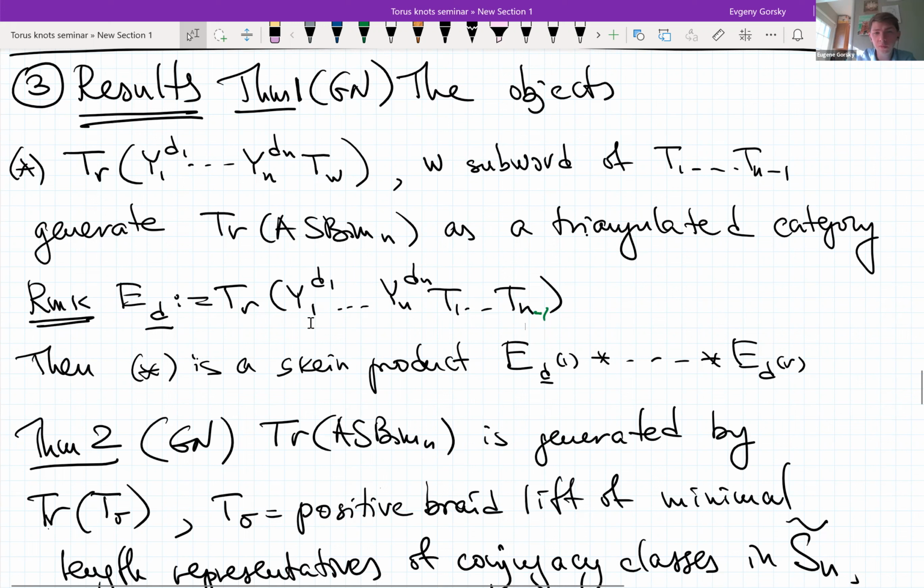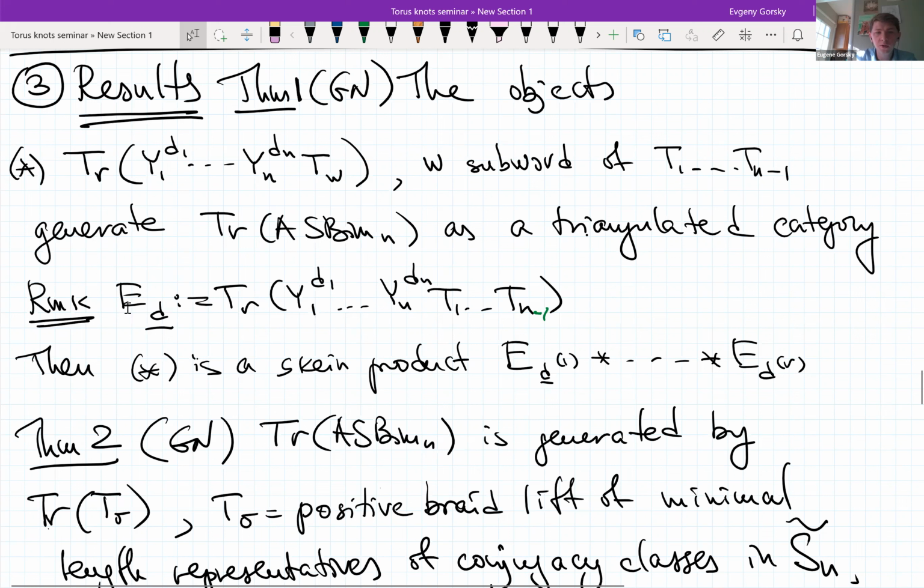So this is a pure braid, if you want, because Yi sends every i to its own position. So the product of Yi to the power di is some pure affine braid, and then I multiply by this braid T1 through Tn minus 1, which connects all the strands. So this is really a knot that we're considering.